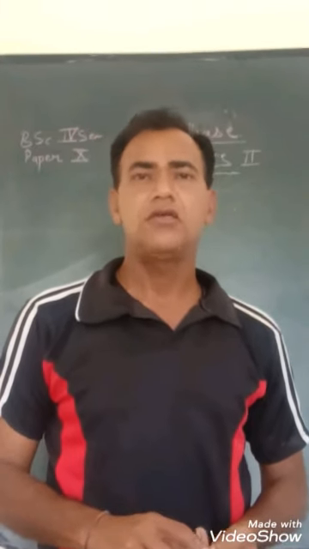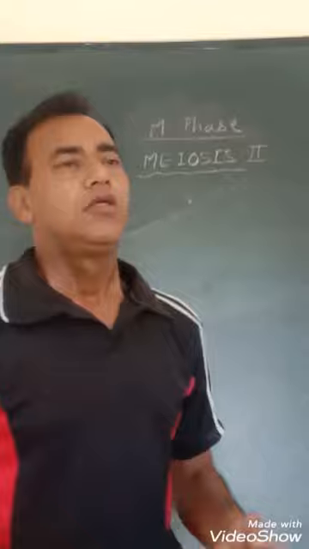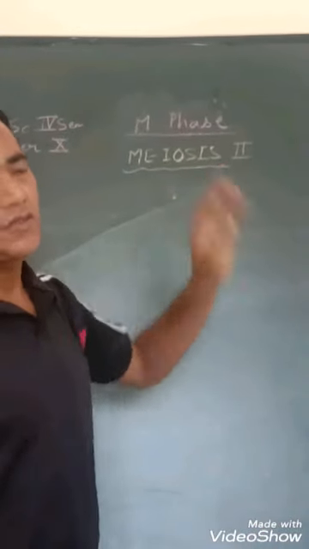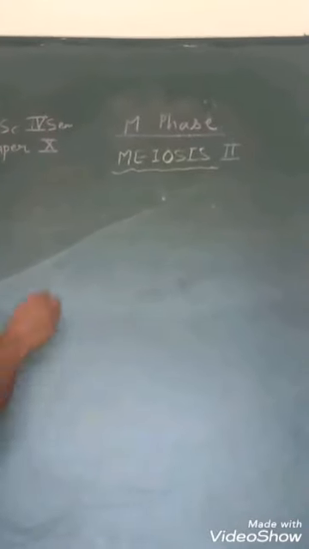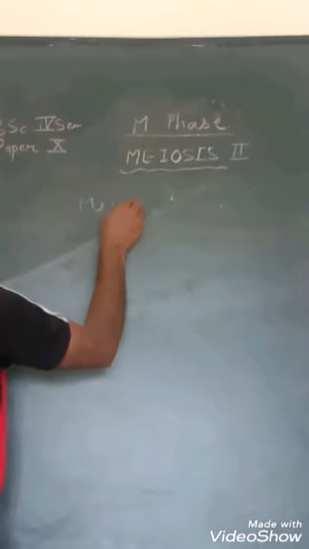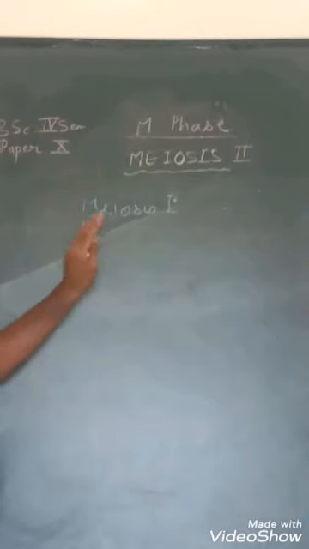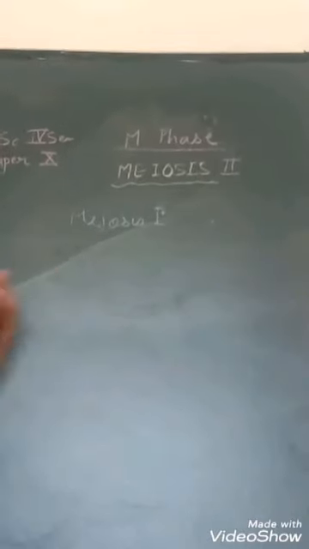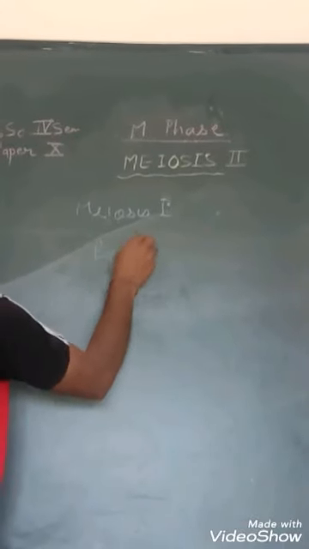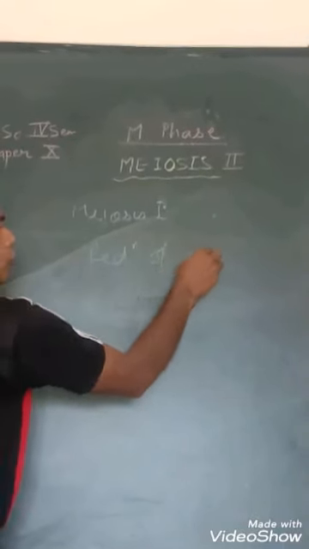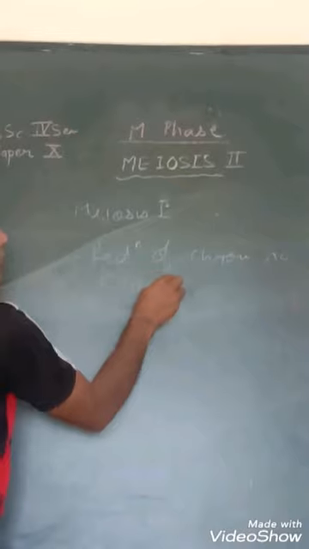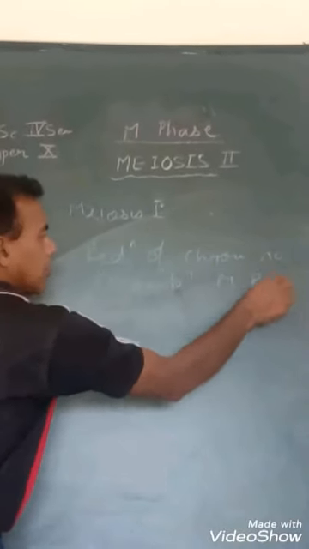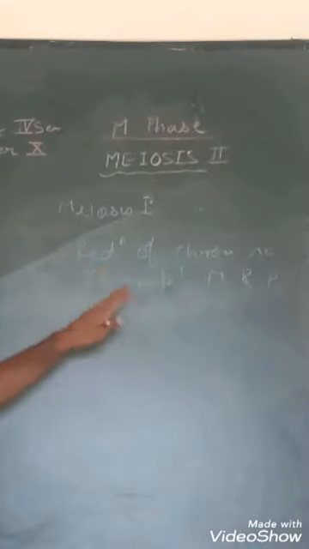Today in this e-learning session we shall discuss the second part of meiosis. In the previous session we discussed meiosis 1, also known as reduction division, the phase responsible for the reduction of chromosome number and genetic recombination between maternal and paternal chromosomes.